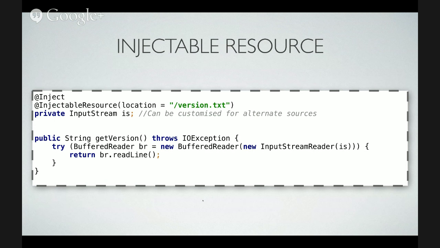You can imagine something like that. So it's a convenient way to inject a reader for a file or an input stream. Again, when I'm showing examples, there are a lot of things behind. You can check that in the documentation or in the examples of the project.